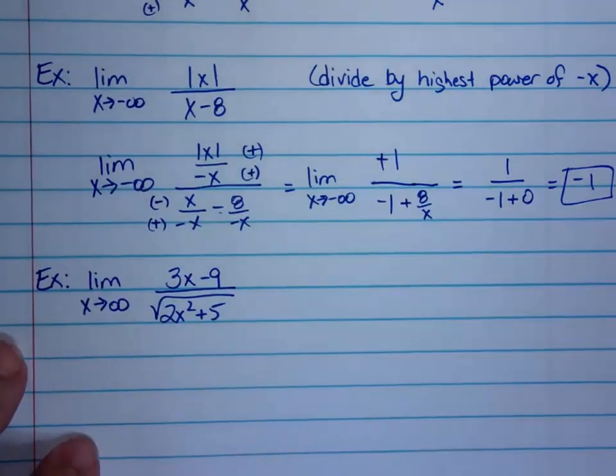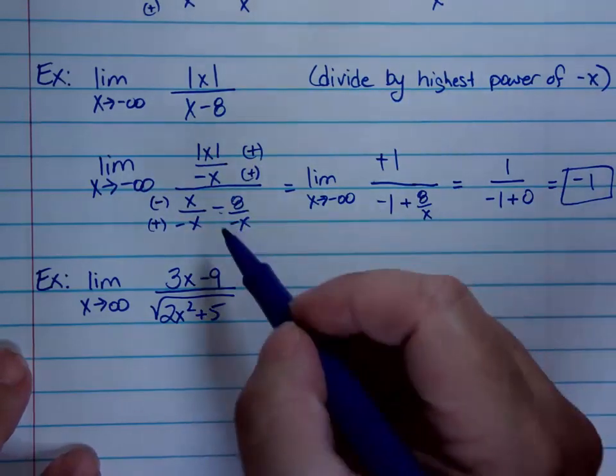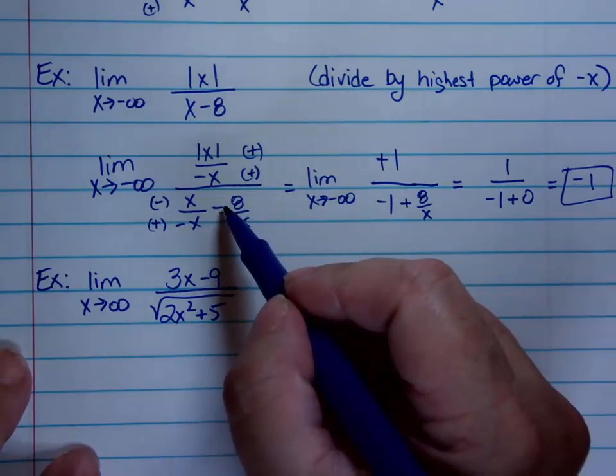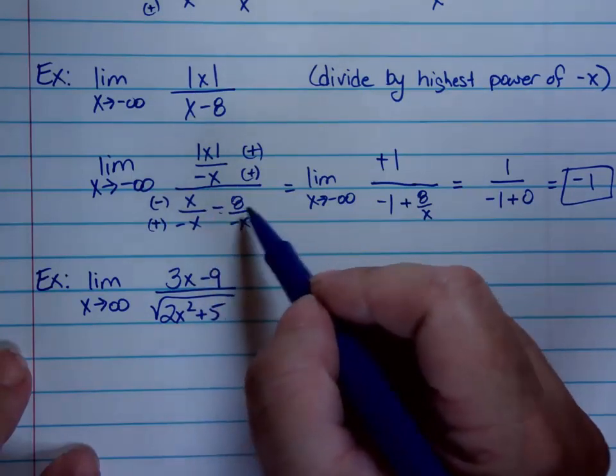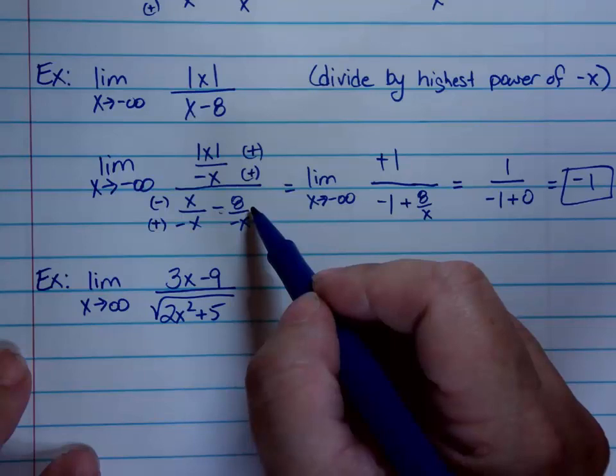I have a question. Yes? The negative 1 plus 8 over x, wouldn't it... I'm confused because do you include the minus into the symbol for the 8? Because it's like when you divided everything by the x. On the right side it says the limit as x goes to negative infinity, positive 1 over negative 1.